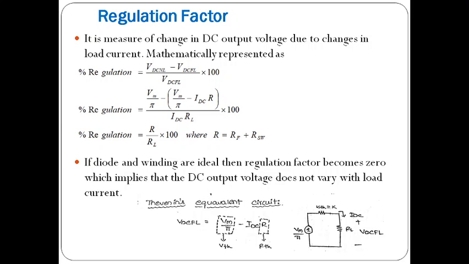Clear? So when considering the ideal diode and ideal winding, there is no internal voltage drop, that means capital R becomes 0. So the DC output voltage does not vary with the load current. Remember this one. It may be helpful further on.